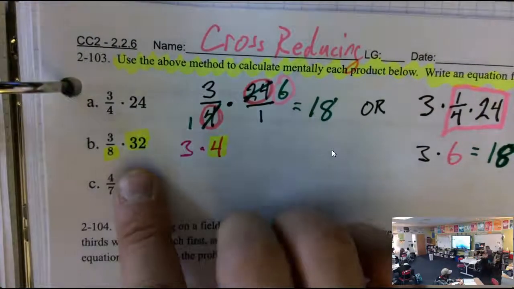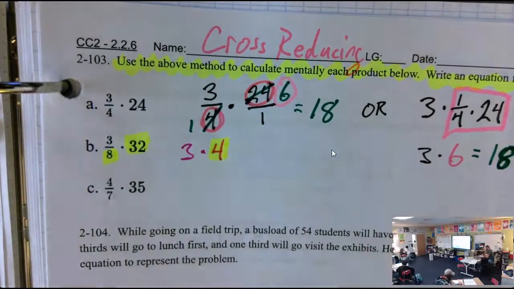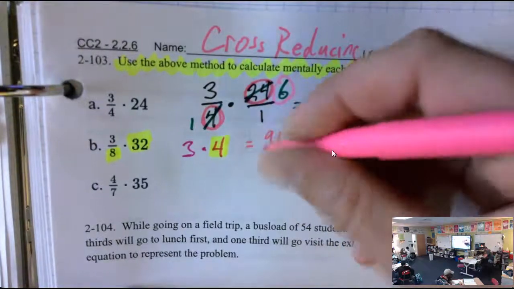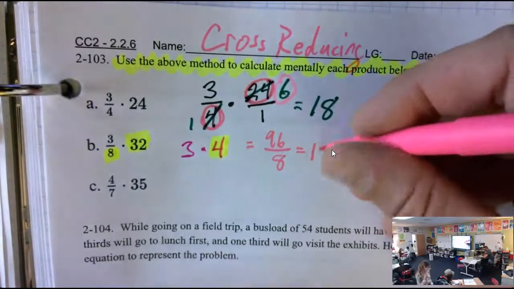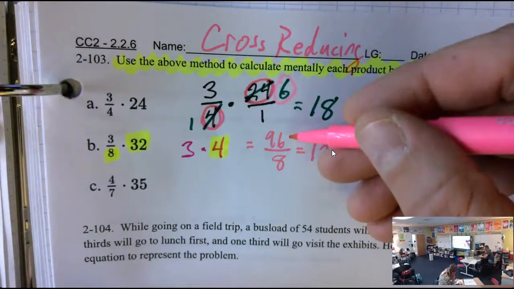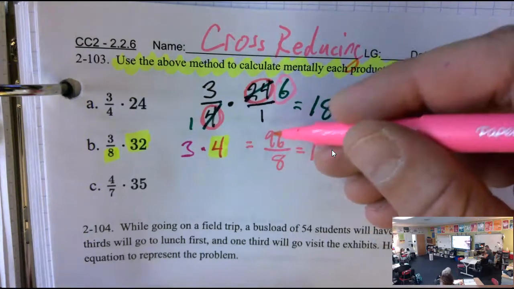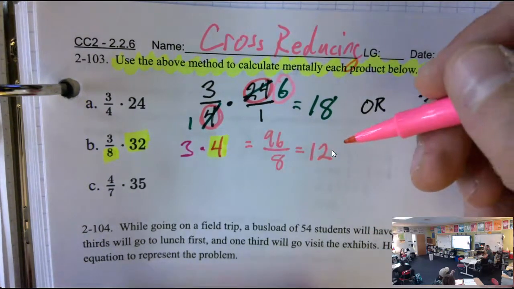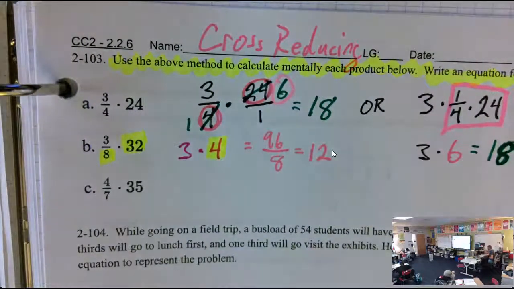My alternative, if I don't take this shortcut, is to do 3 times 32, which is 96, and then divide 96 by 8, but I still get 12. It just makes me use bigger numbers, and I don't want to. Look, we're almost at the end of the quarter.